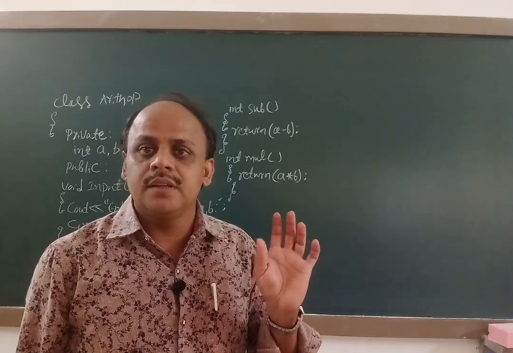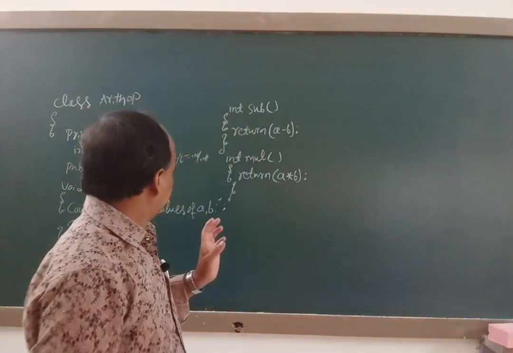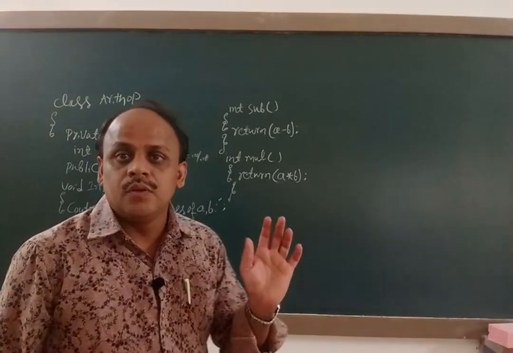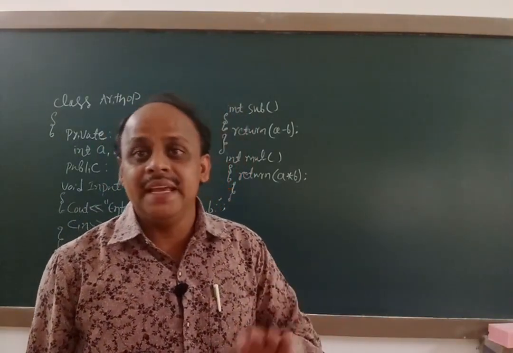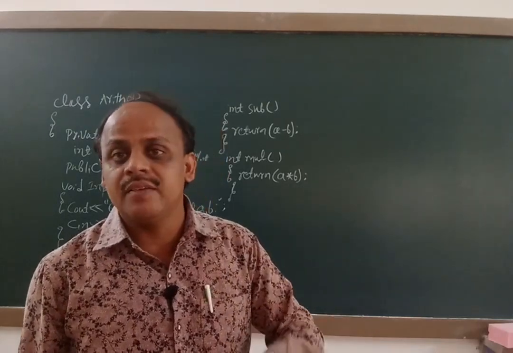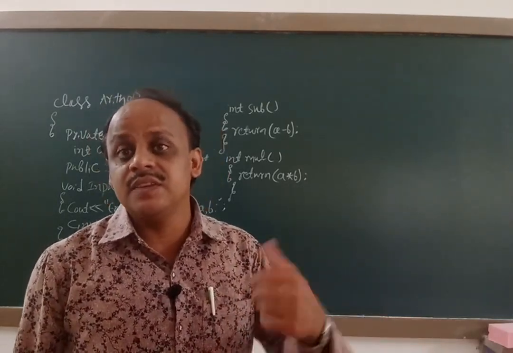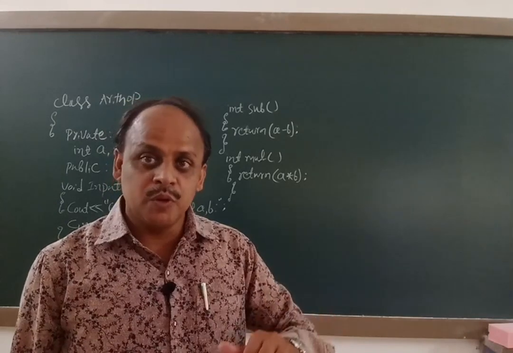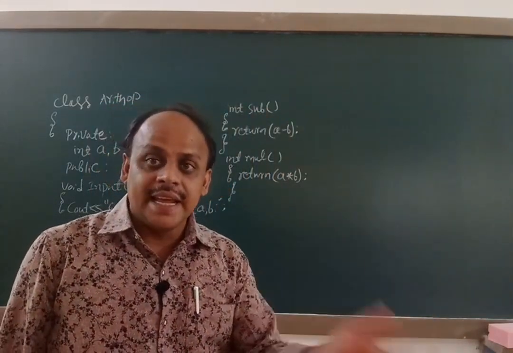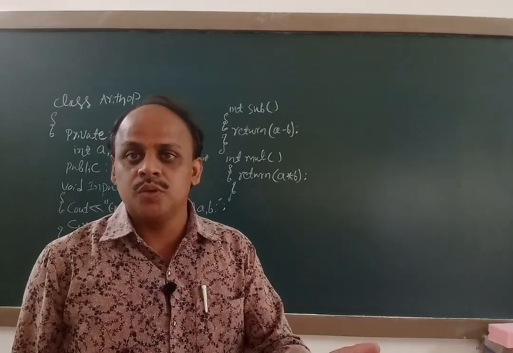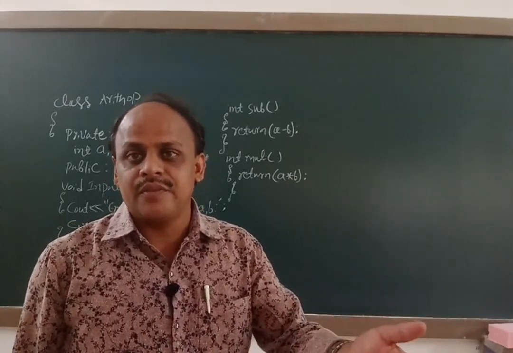For example, 5 by 10, a is 5, b is 10, a by b, 5 by 10, we are getting the answer in float, right? So it is possible to get the answer in float as well as int. A by B, 10 by 5 we get 2, 5 by 10 we get a fractional part.